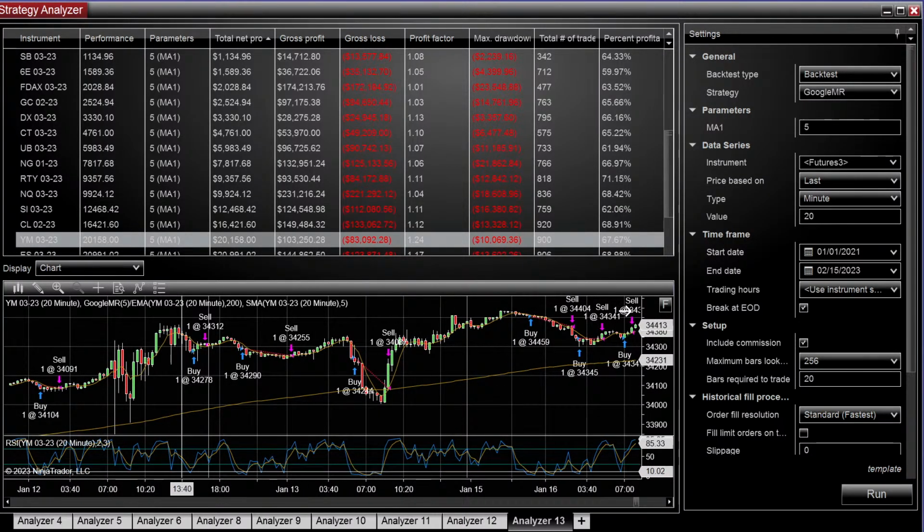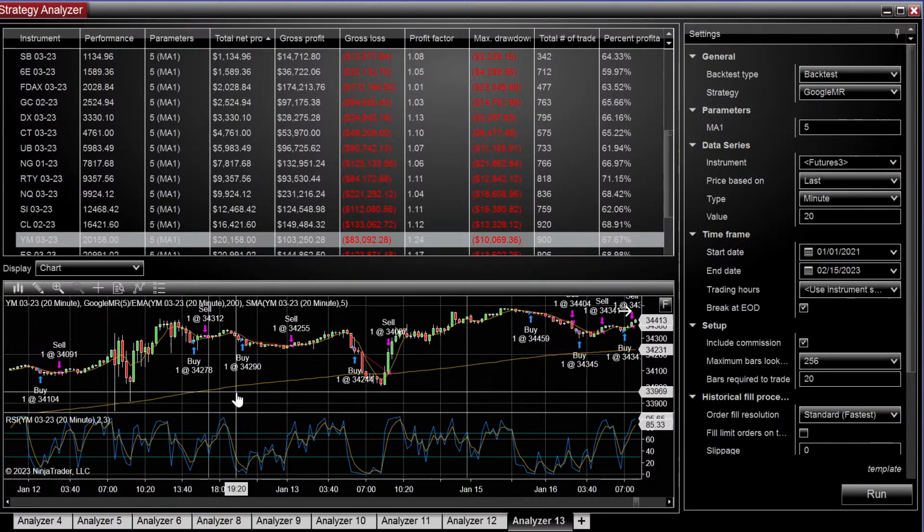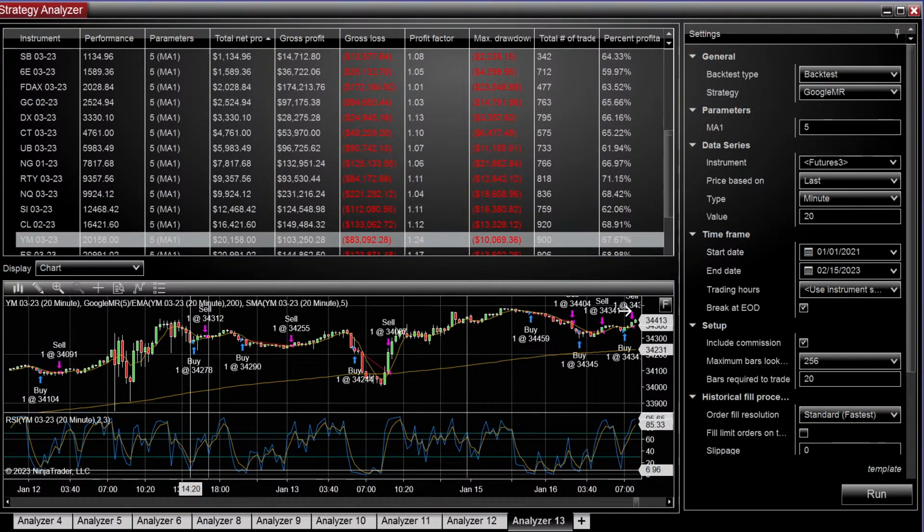Yeah, so instead of using 1 bar, you can use 2 bars as a condition. The current bar and the bar before, both should be under the RSI. Oh, yeah, I see what you're saying. It's an entry condition. Let me look at the charts.